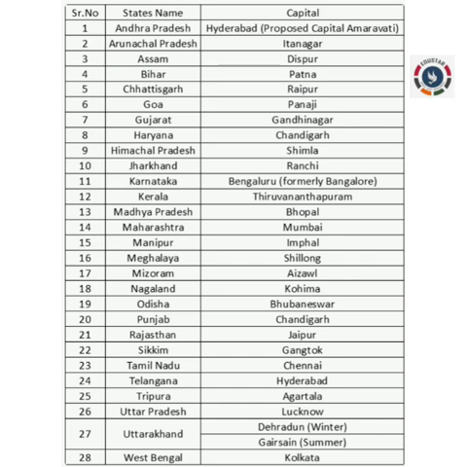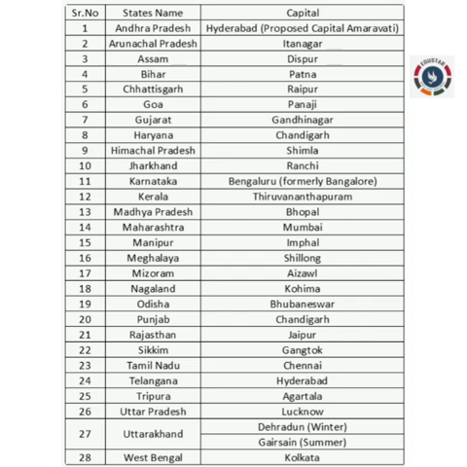Goa, Panaji. Gujarat, Gandhinagar. Haryana, Chandigarh. Himachal Pradesh, Shimla.